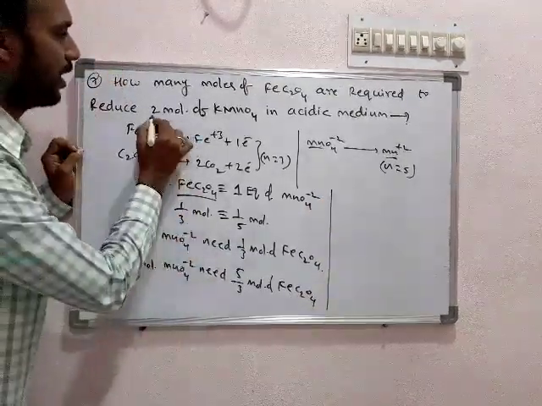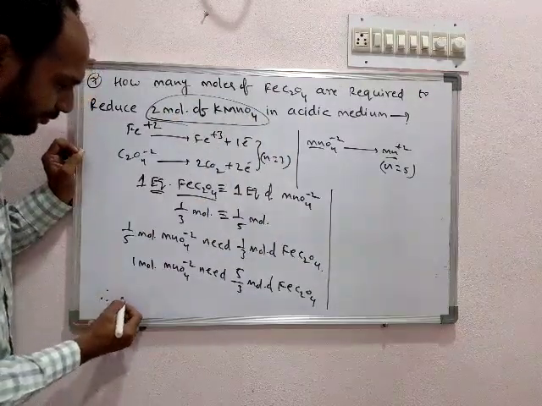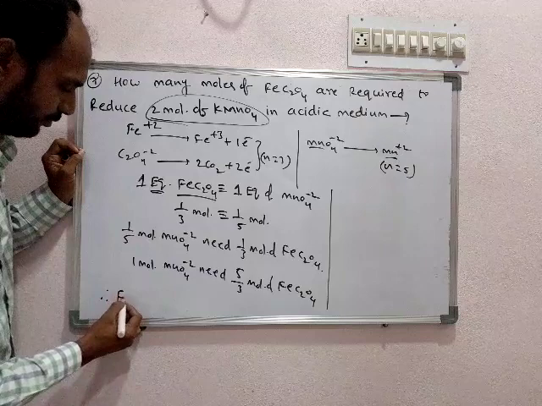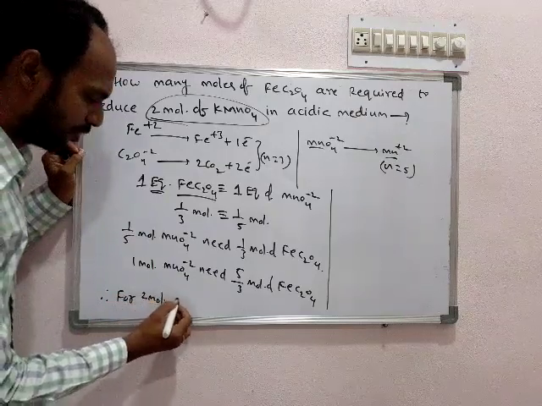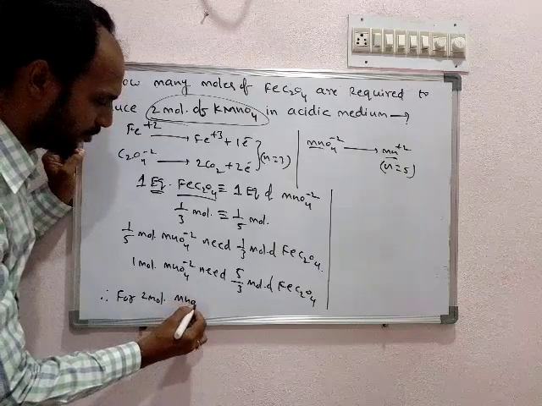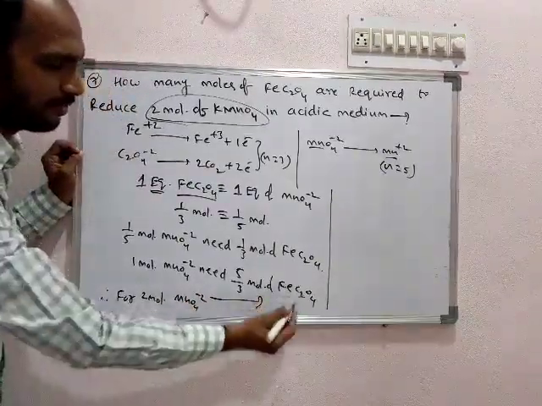He asked what if for 2 moles. So for 2 moles of MnO4 minus, what is the required FeC2O4?